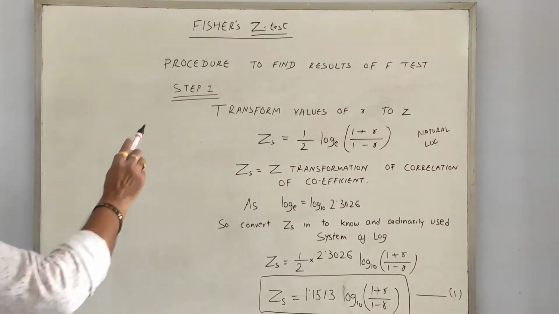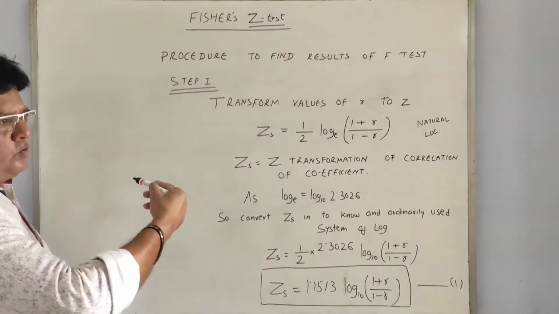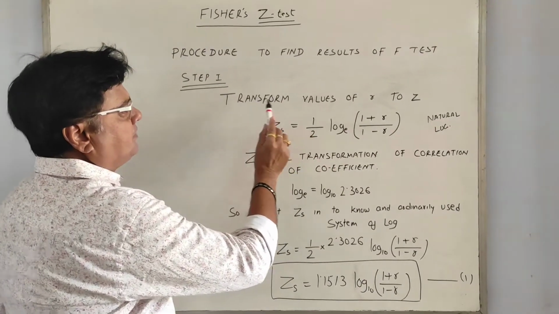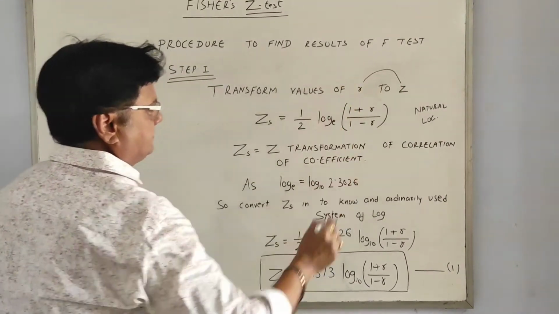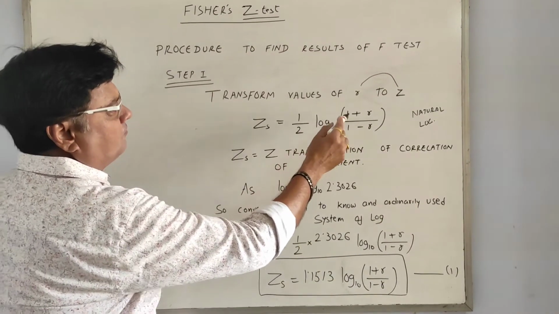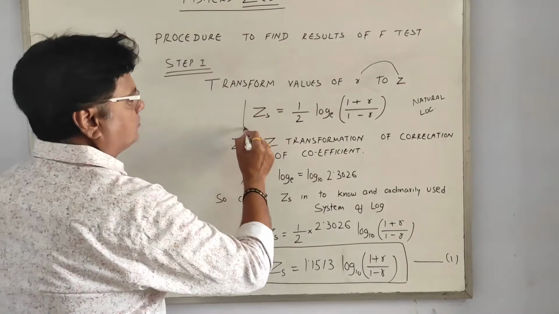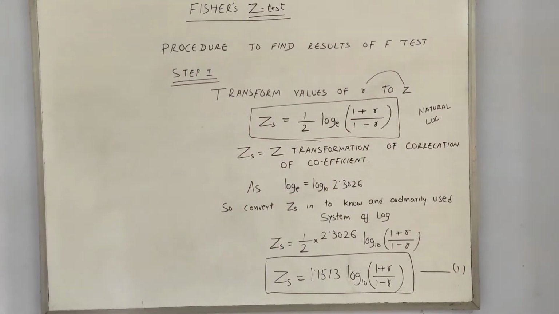Now we will see the procedure to find the result of the Z-test. So the whole concept you should know. Step number one, we have to transform values of R to Z. How to transform this? As we know, Z is 1 by 2 log of (1 plus R) by (1 minus R) to the base E. So if you know or if you don't know, you will know this thing.